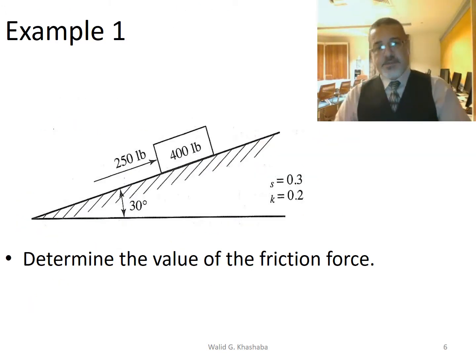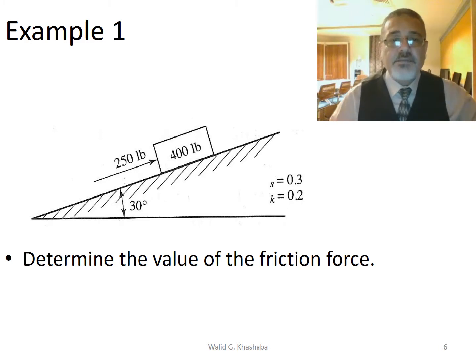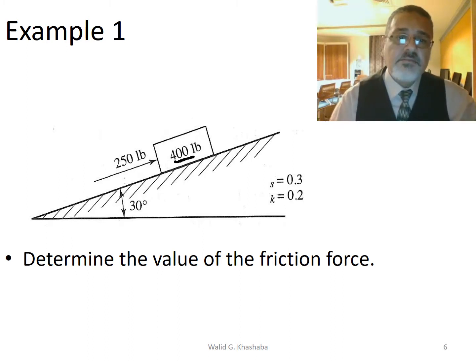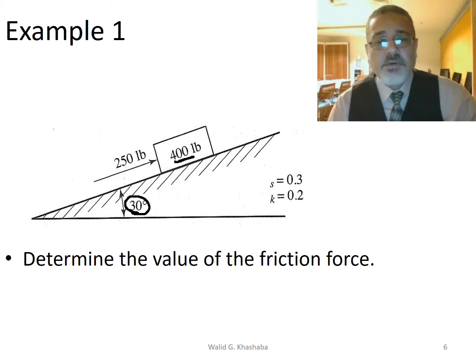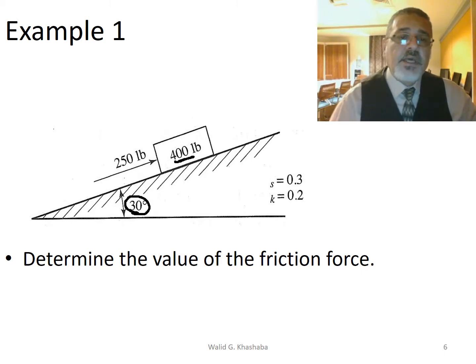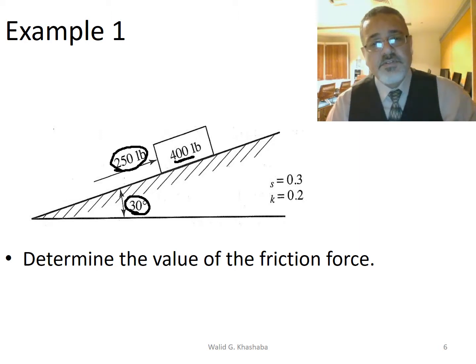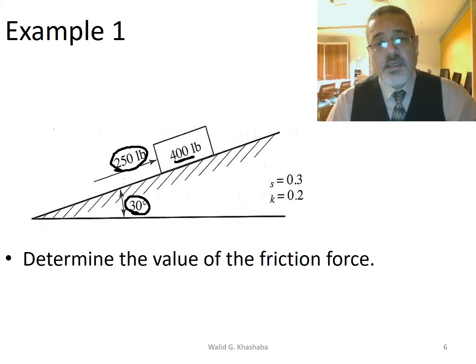Let's see the first example. Here we have a body which is 400 pounds, lying on an inclined plane making 30 degrees with the horizontal axis, and there is a force acting on this body, 250 pounds, and here are the s and k coefficients.